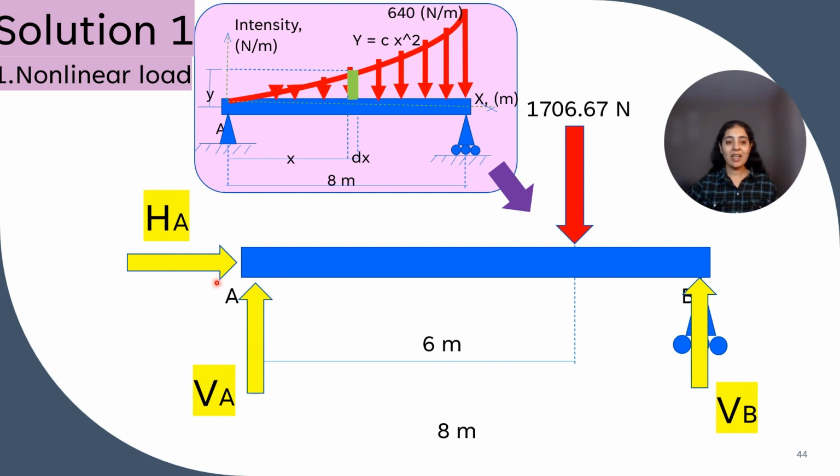At support A we have HA and VA, and at support B, VB, and the nonlinear load is represented by this vertical load of intensity 1706.67 Newton acting at a distance of 6 meters from support A.